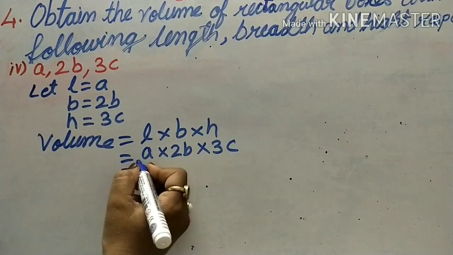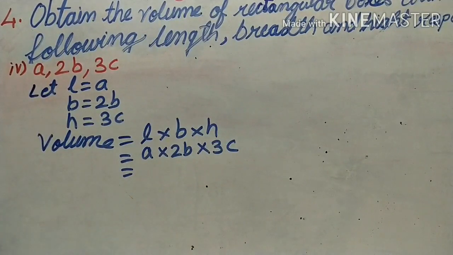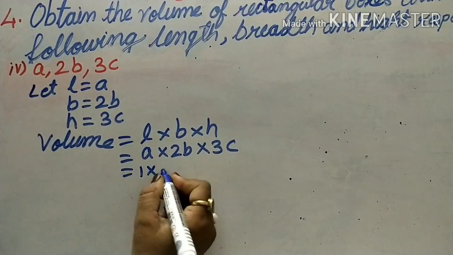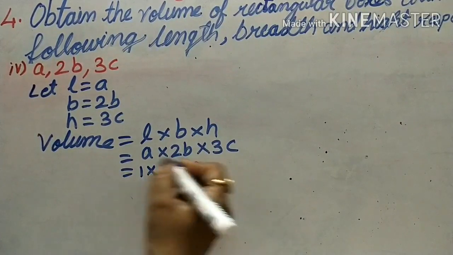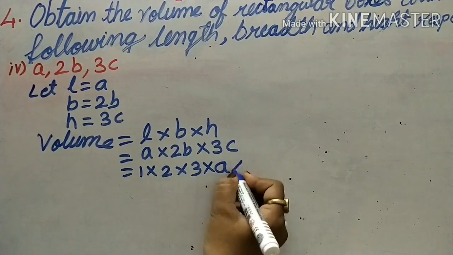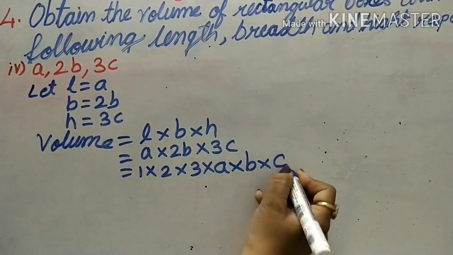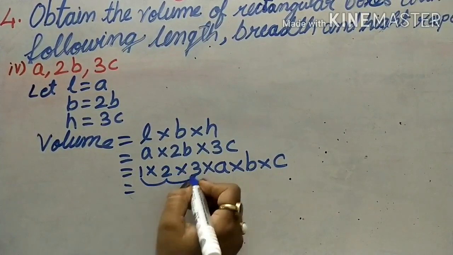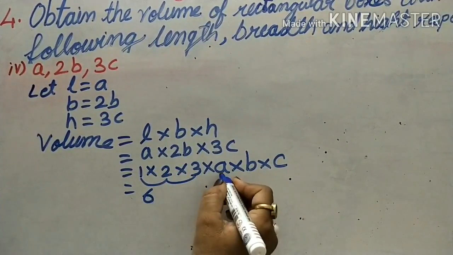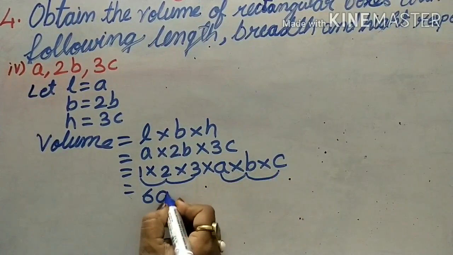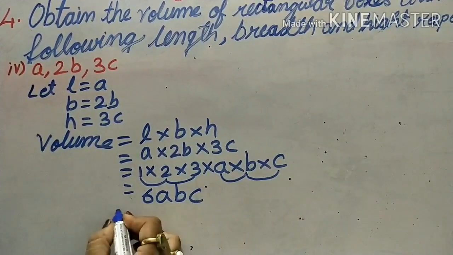Here no numerical coefficient, means always we have to consider it as 1, means 1 into 2 into 3. Next what it comes? Literal coefficients, means a into b into c. Now multiply. 1 2s are 2, 2 3s are 6, a into b, ab, ab into c, abc. So this is the answer.